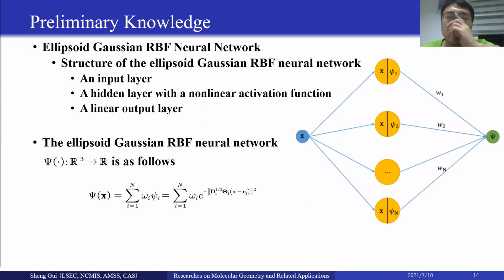The RBF neural network is a special FNN consisting of three layers. It contains an input layer, a hidden layer of nonlinear exponential functions, and a linear output layer.